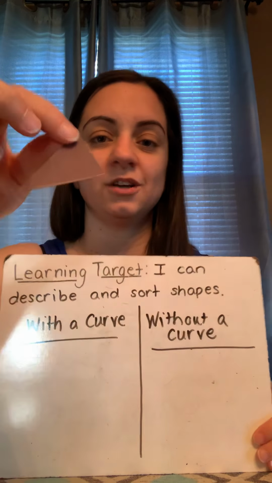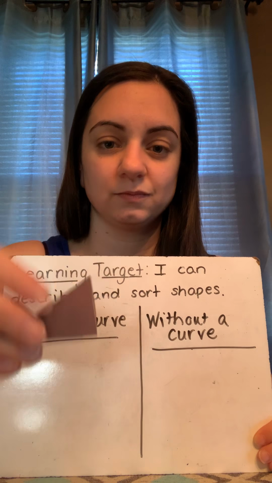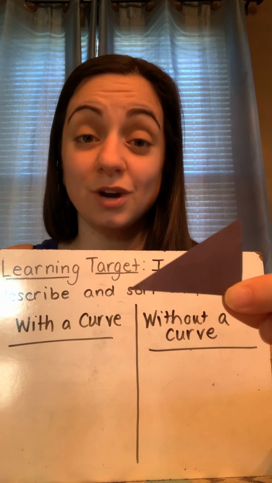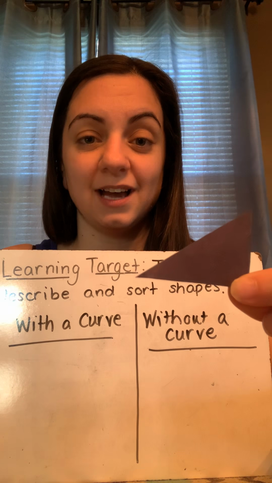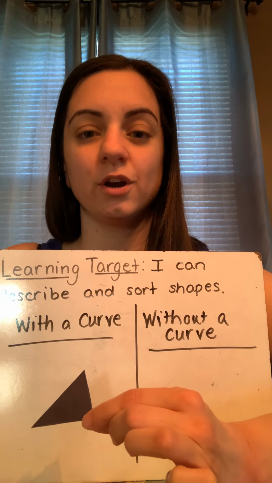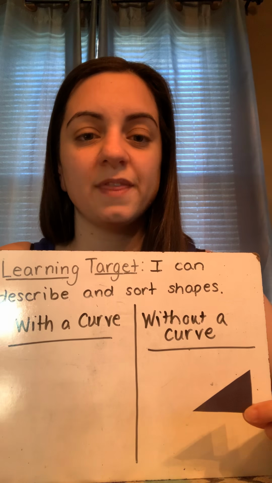Okay, let's look at this first shape here. Try and hold it so you can see better. What is this shape? It's a triangle, right? 3 sides, 3 corners. Should I put this on the side with a curve or on the side without a curve?